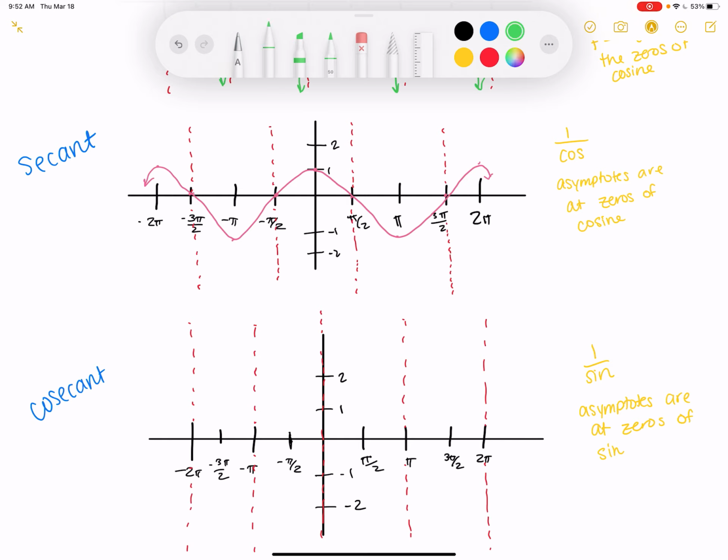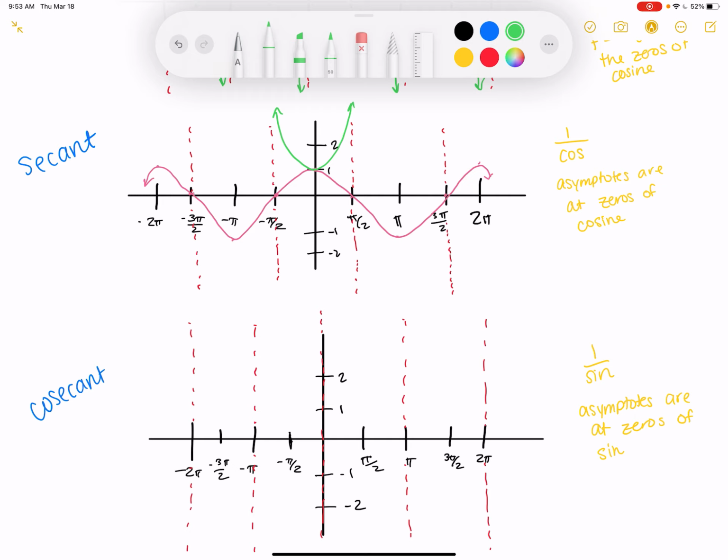Okay, so that means that the secant is going to be up like this. It's like a parabola. Yeah, basically.